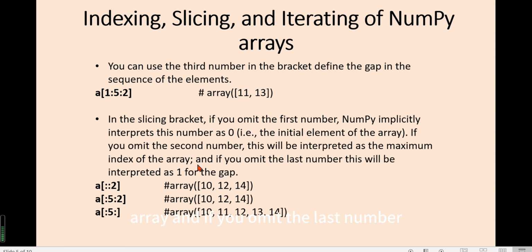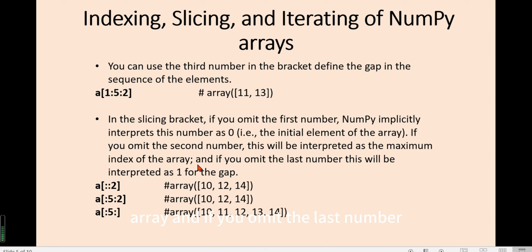If we only write 5 here, then the gap will be 1 because this is a colon here, and from the beginning of the array will be viewed. So from the first to the 5th element in this array will be the result.